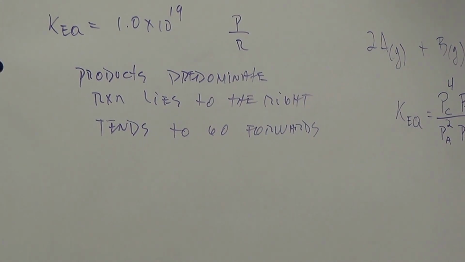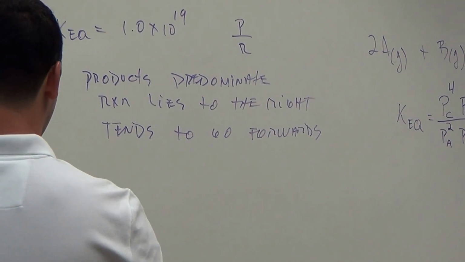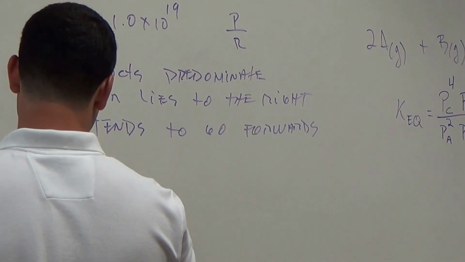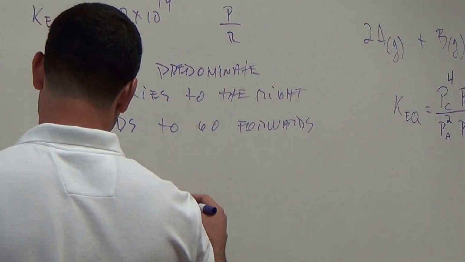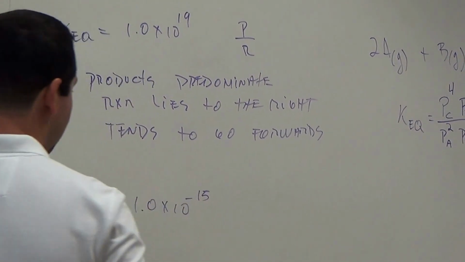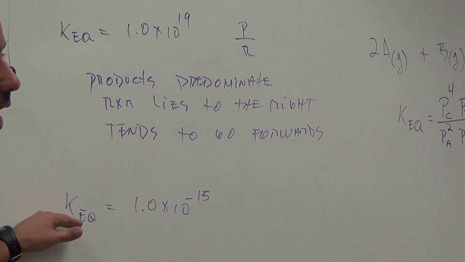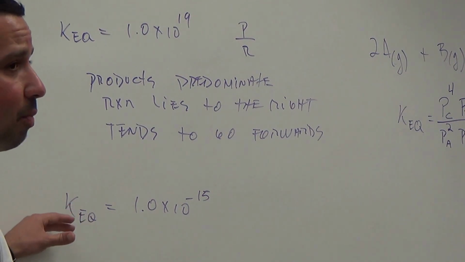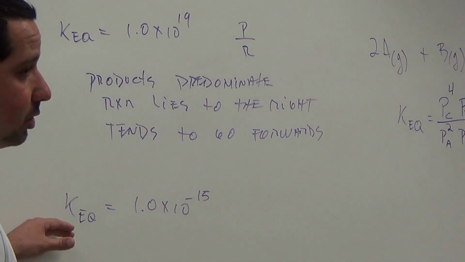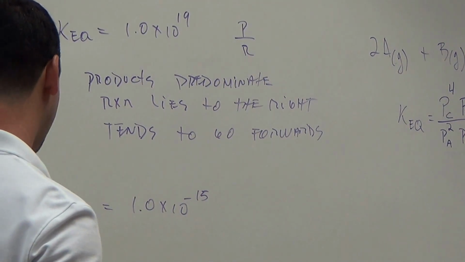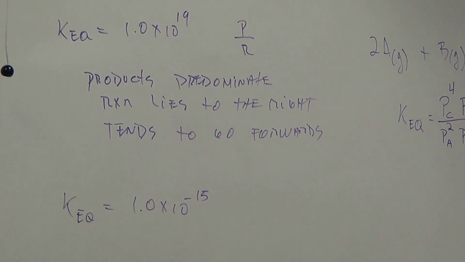Yes or no? Okay. And if we have an equilibrium constant like this, what does that mean? The inverse. In this case, reactants predominate. There is a lot more reactants than there are products, yes? And the reaction tends to go where? To the left.